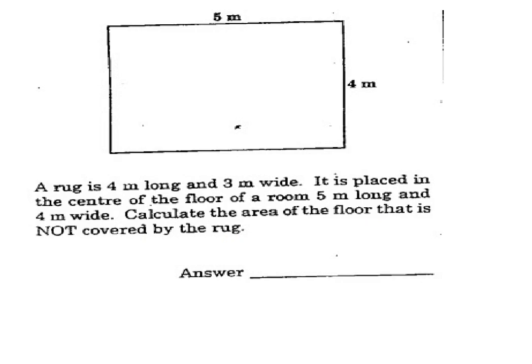So as best as we can, we're going to illustrate a rug that is about 4 meters long and 3 meters wide. And remember that these drawings are not to scale, so it doesn't matter if the lengths look like 5 meters or 4 meters.